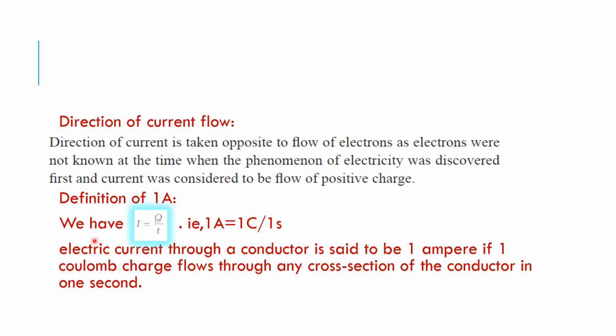So the definition of electric current as well as the definition of 1 ampere you need to understand. This is directly from this formula, written in terms of its units. Hope it is very clear.